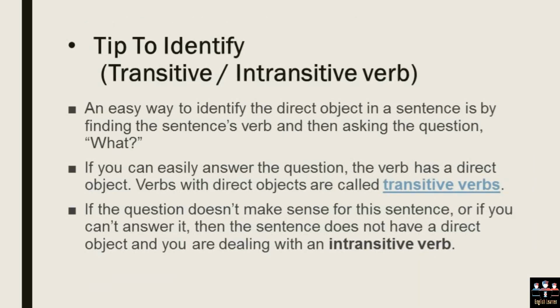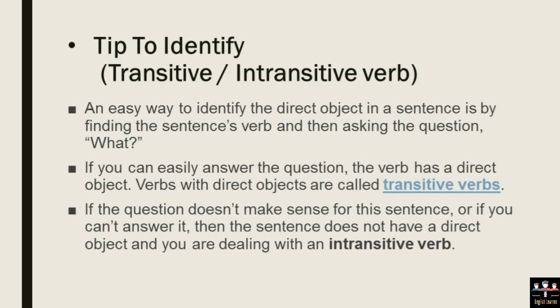Now finally we are going to discuss the tip, as well as conclude today's topic. An easy way to identify the direct object in a sentence is by finding the sentence verb and then asking the question what or who. If you can easily answer the question, the verb has a direct object.